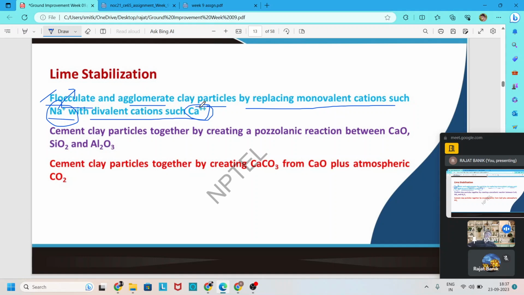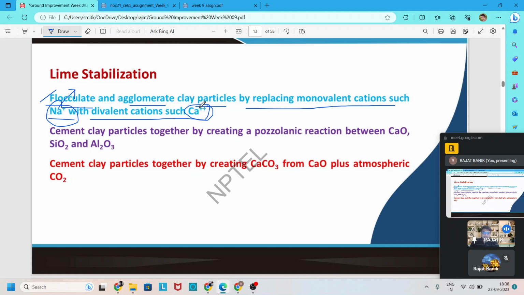We know that the attractive power is more in calcium than sodium. So it is replaced with calcium, and then the bonding between the clay minerals breaks down.